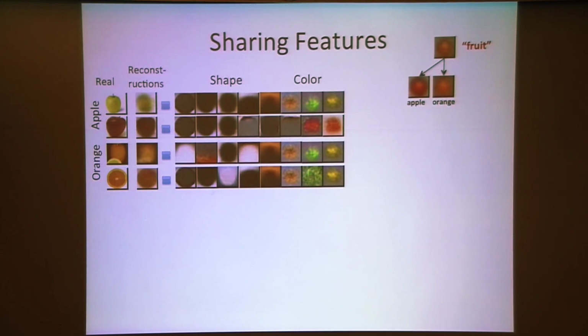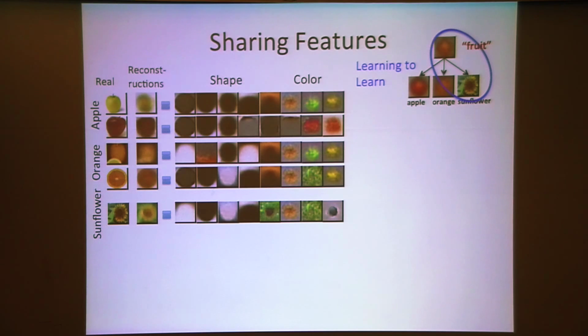Now, if I show you oranges, they reside under the same part of the hierarchy, so they're going to be sharing a lot of high-level features. So there's a notion of sharing happening here. Now, suppose I show you a single example of a sunflower. It turns out that these are the high-level features that the model assigns to the sunflower, and it resides under the same hierarchy. So it essentially says sunflowers are like apples and oranges, like it's orange and it's round.